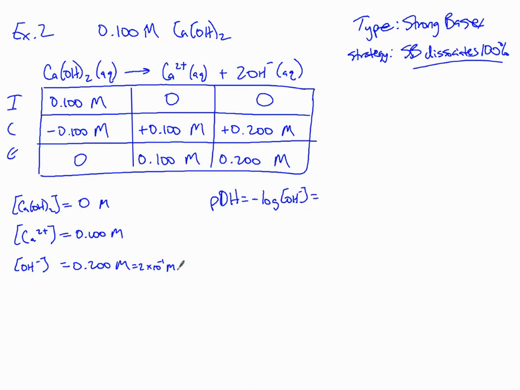And so you put it in your calculator and it comes out to be 0.7. So 1 was not a bad estimate, but if your coefficient is something other than 1, you might consider putting it in the calculator. pH, I'm just going to say 14 minus the pOH. So 13.30.